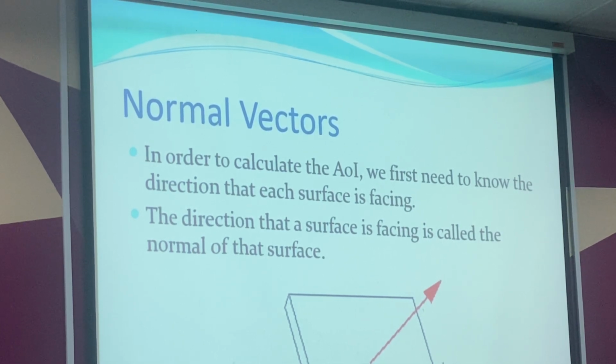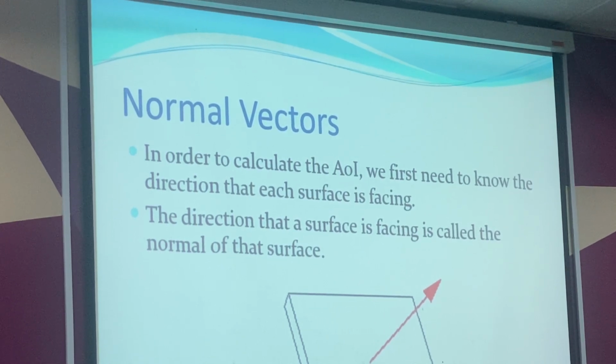If your light source is from the side, and you have your box here, normally the surface facing the light will look brighter. The one at the bottom and at the back, not facing the light source, will look darker.